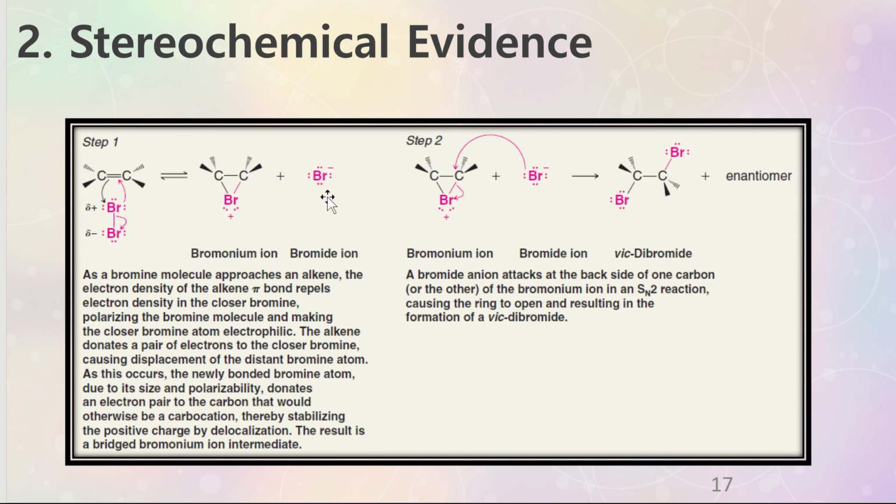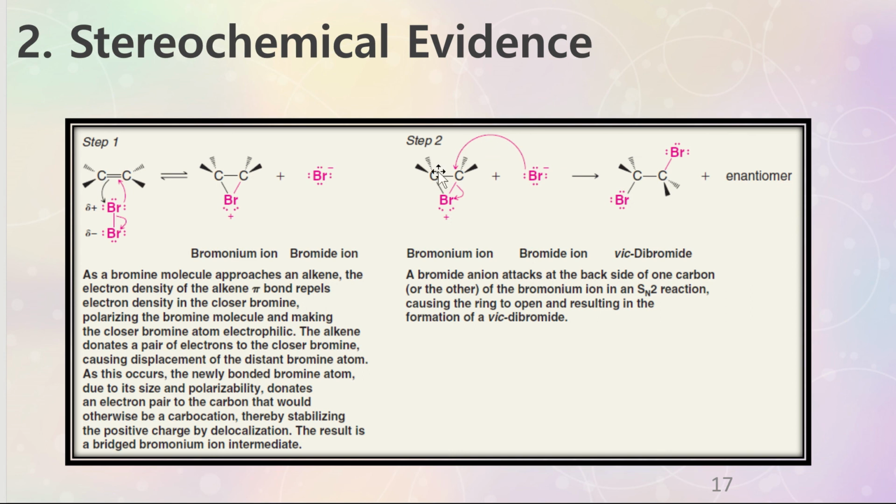And then our step 2 suggests that the bromide anion attacks at the back side of one carbon or the other of the bromonium ion in an SN2 reaction, causing the ring to open and results in the formation of the trans dibromide, right?